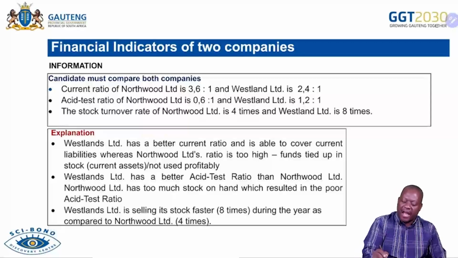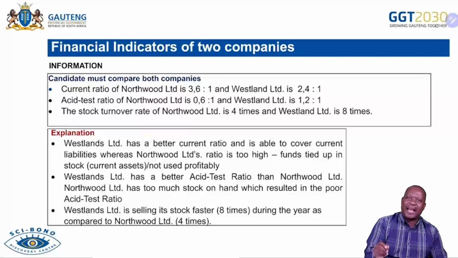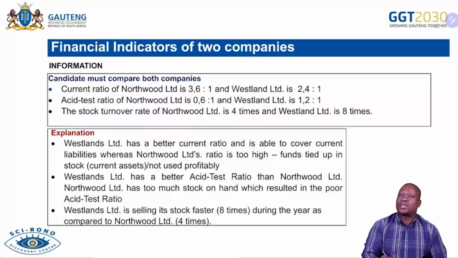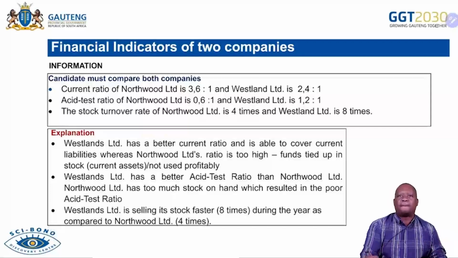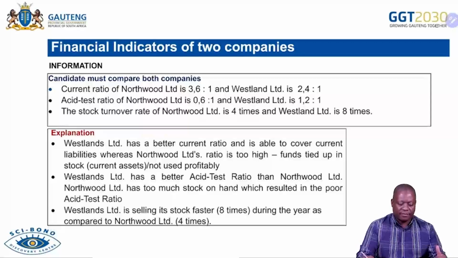It means funds are tied up in stock, which is part of the current assets. So it means now when we are tying up funds in stock, we are not using our funds profitably because stock is going to be rigid in our storerooms, but if we had cash, it was going to be running around earning something for the business.